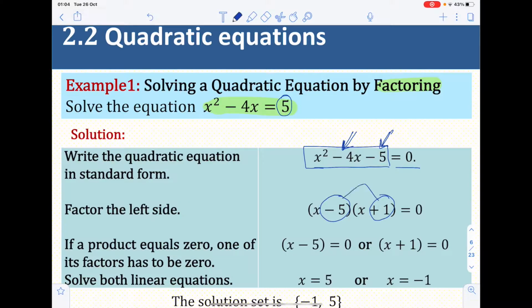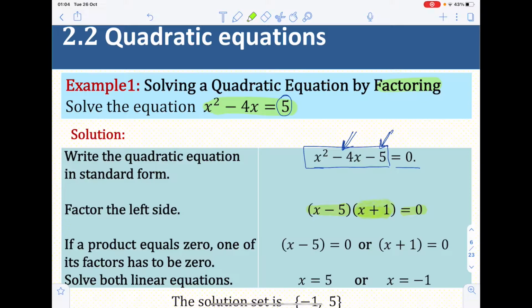If you multiply 1 times negative 5, it would be negative 5, and 1 plus negative 5 would be negative 4. So these are the two factors that I'm looking for. So we will write them in this form: x minus 5 times x plus 1 equals 0.